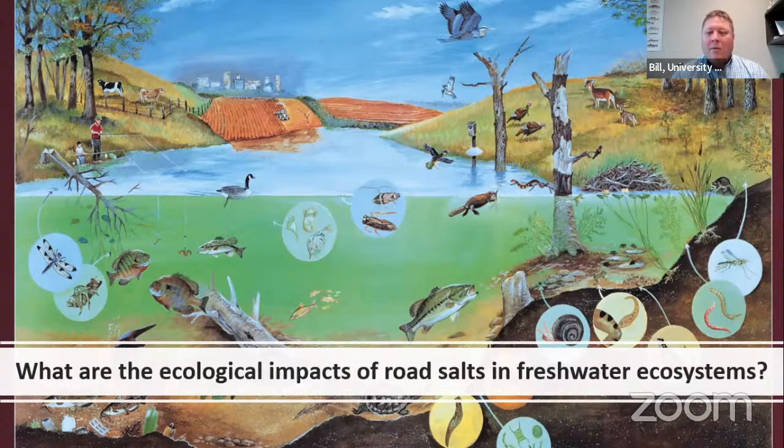Everything's connected. Aquatic and terrestrial environments are connected. So when we're dealing with salt getting into our freshwater ecosystems, what could happen ecologically? That's the focus of my research and many of my collaborators' research. I'll share a little bit of that with you today, and I'll be happy to take your questions after we go through a few slides here.